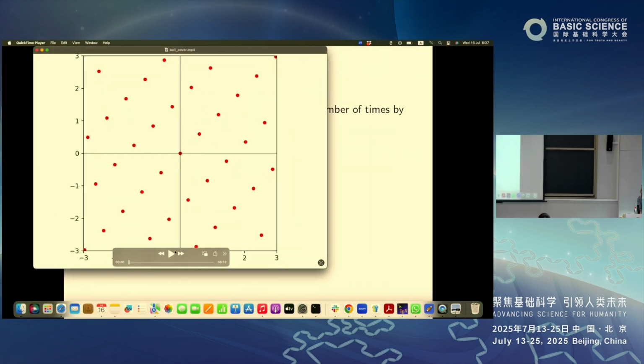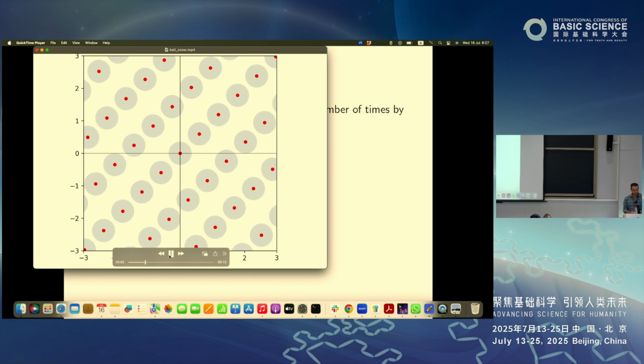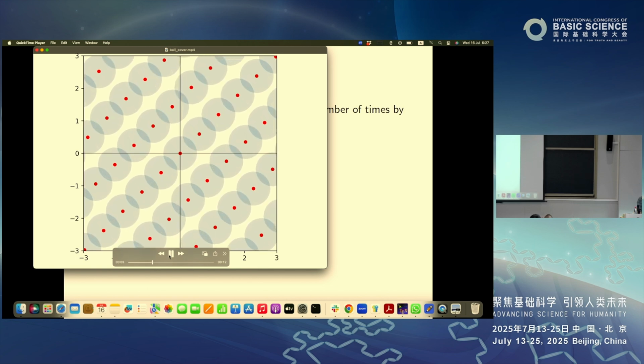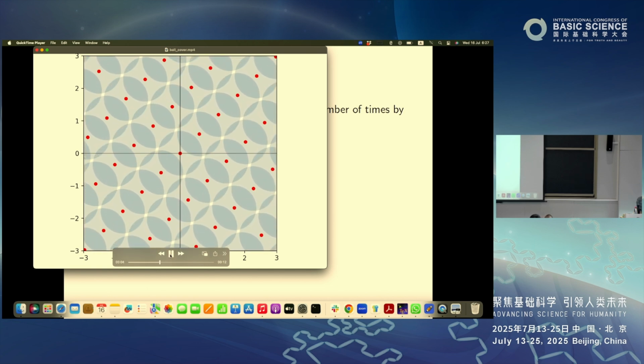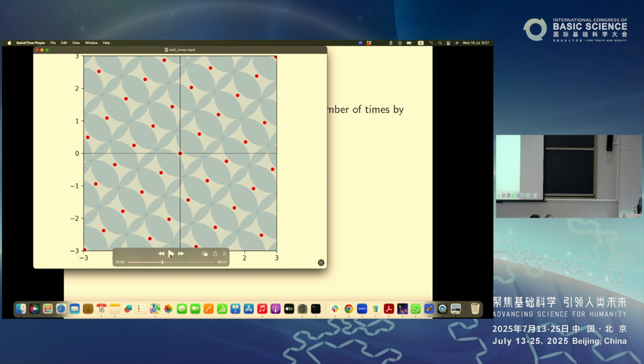Let me show an illustration for what this means. In this figure, the red points are the lattice points. Now I place a ball around each one of these lattice points, and I start to inflate the ball more and more until, well, at this point, this is the covering density, right? Now all points are covered, but the covering is not uniform. Some points are covered only once, some by 2 balls, some by 4 balls, right?